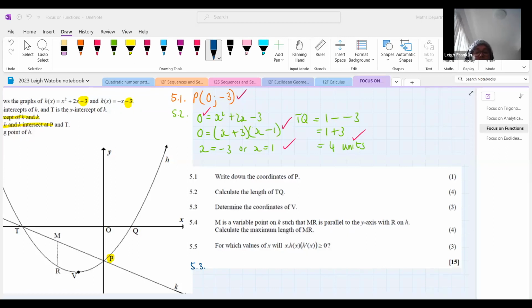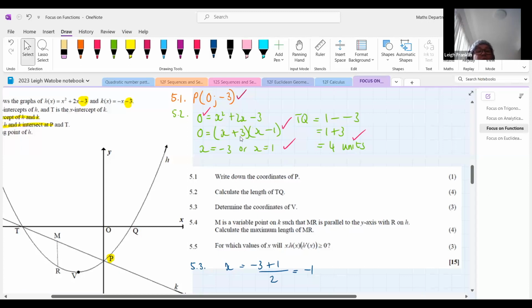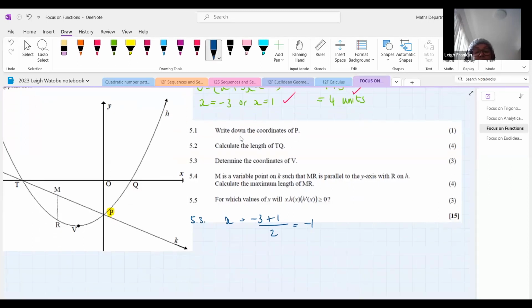Okay, I think I'm going to use the x-intercepts here since I've just calculated them, and I know one of them is -3. I know the other one is 1. So that gives me -1. And then in order to calculate what the y is, I'm going to calculate h of -1.